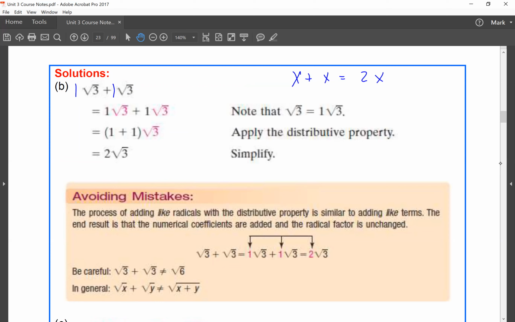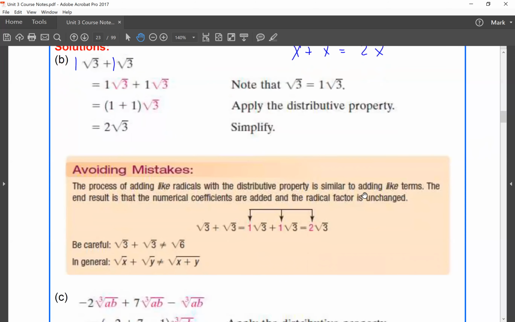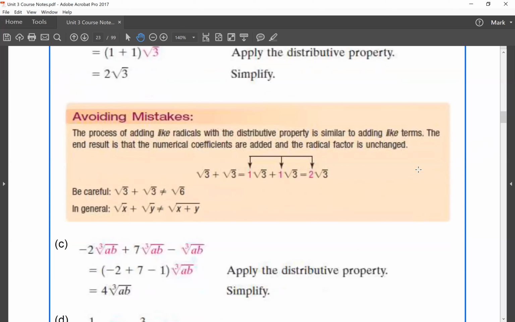Typically, anytime there's numbers, your calculator does do that as well. All right, and it just says here, for avoiding mistakes, just be careful, because if the root sign is not exactly the same, you cannot add them together.